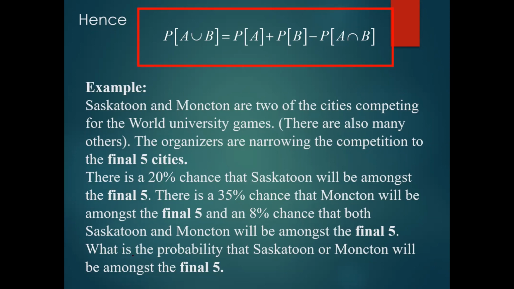So we can solve this by direct application of the additive rule. Define the event A that Saskatoon will be among the final five, with probability 0.2, and the event B that Moncton will be among the final five, with probability 0.35 (sic, the stated value is 50%). The probability of both is 0.08.